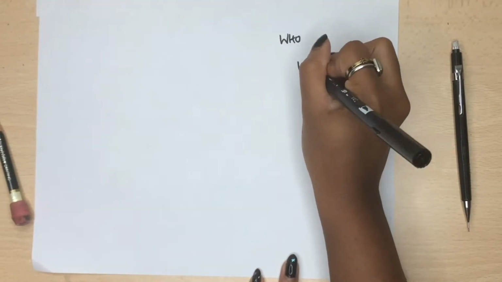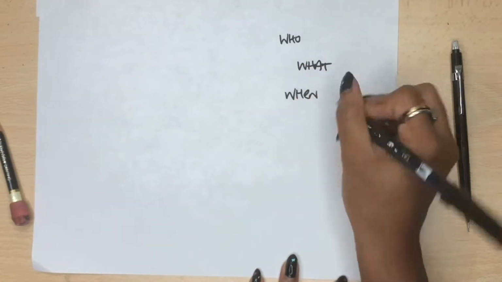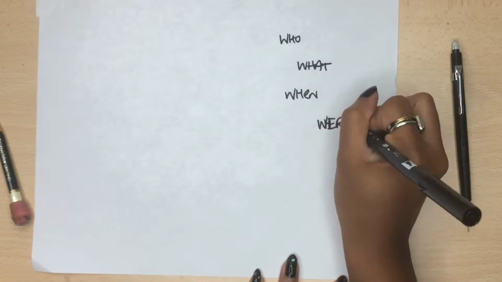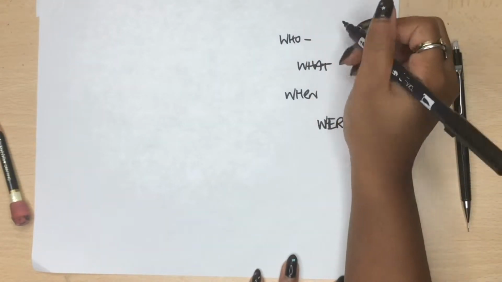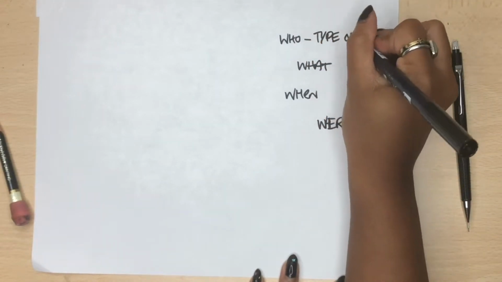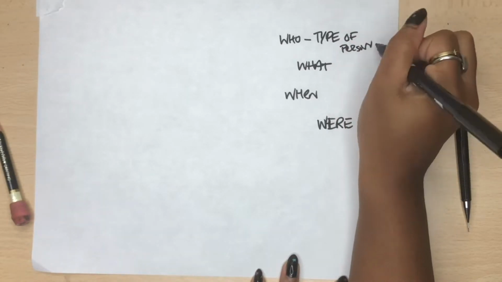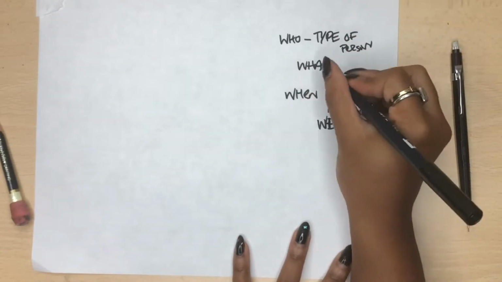Let's talk about characters and silhouettes. When you're building a character, you need to ask yourself some questions like who, what, when, where. Who is the character? What is their type of personality? What's their goal? What are they doing?